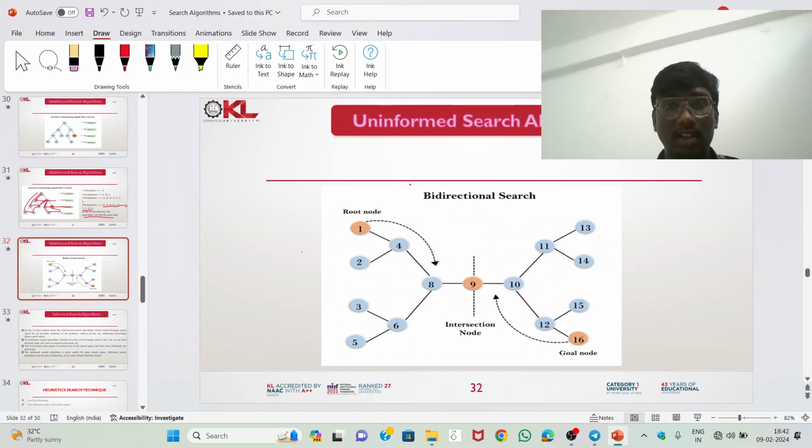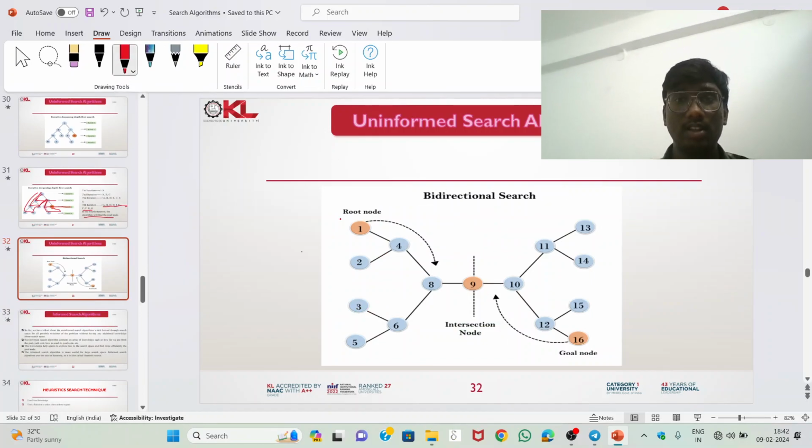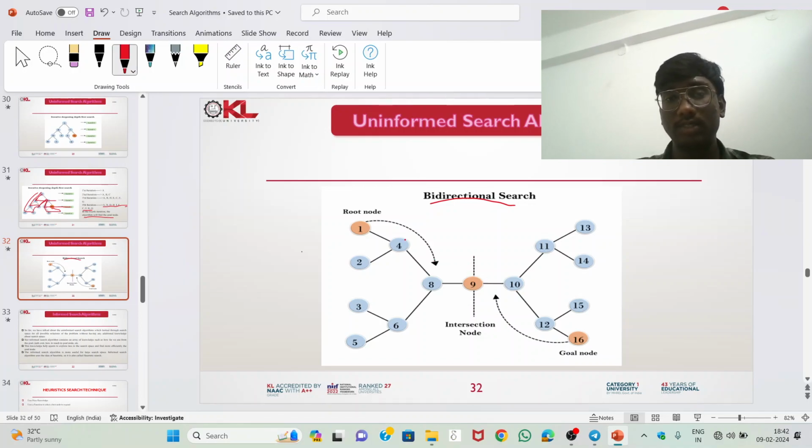Let's go to another example. Another type of uninformed search algorithm is called bidirectional search. In bidirectional search, the tree diagram is divided into two parts by the intersection node. Here 9 is the intersection node. The left part of the intersection node is the forward search, and the right part performs the backward search.